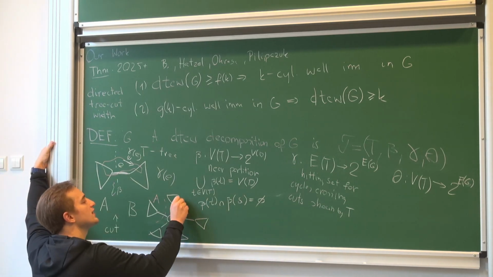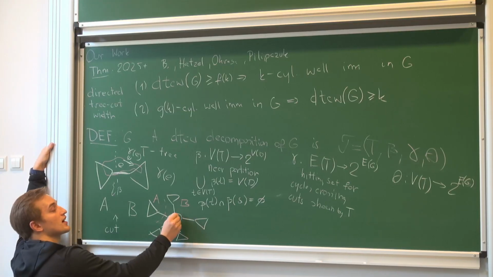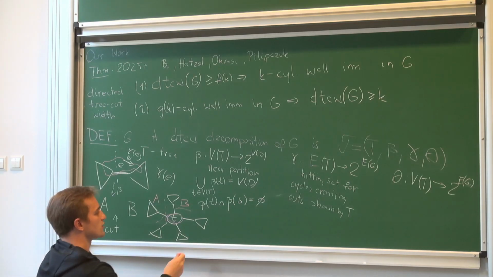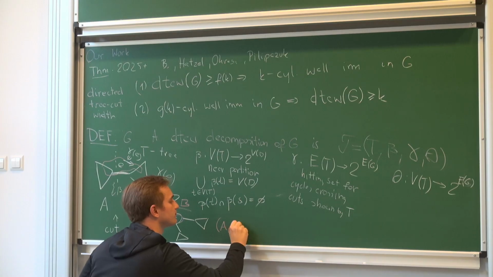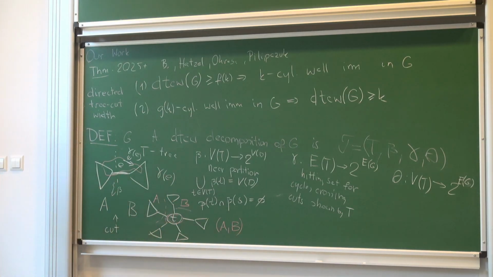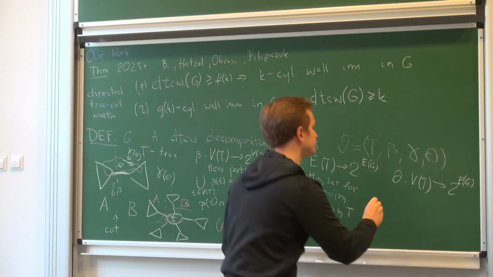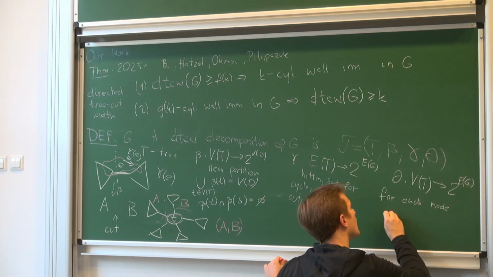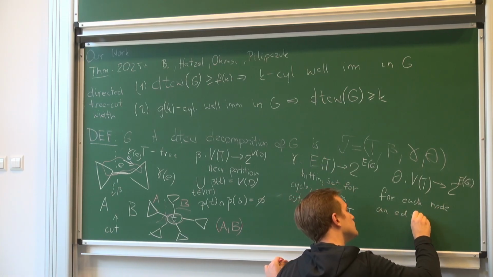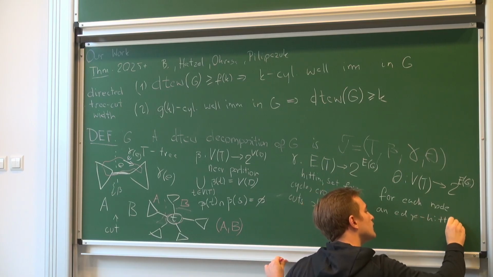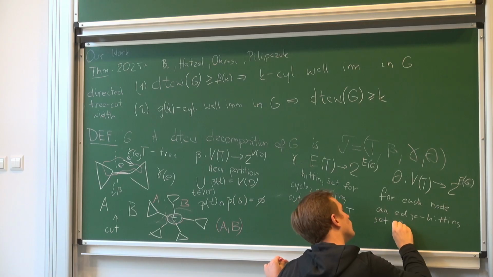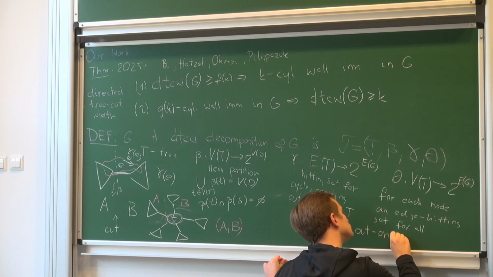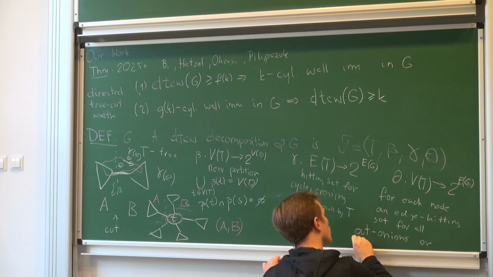But now I have a selected side I care about, this side containing these nodes. So let me call this side B always. So this is now an ordered cut. And this is supposed to be, for each node, an edge hitting set for all out onions or all in onions.